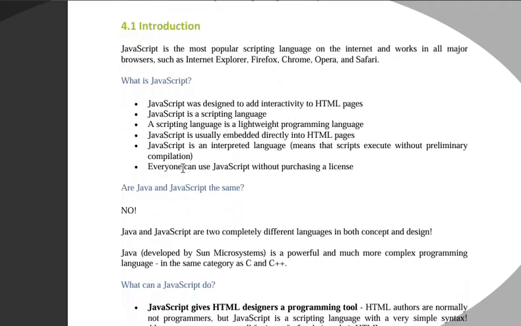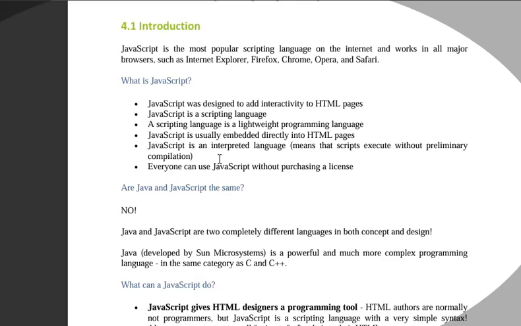JavaScript was designed to add interactivity to HTML pages. It is a real scripting language, and JavaScript is usually embedded directly into HTML pages, so it works in connection with HTML.